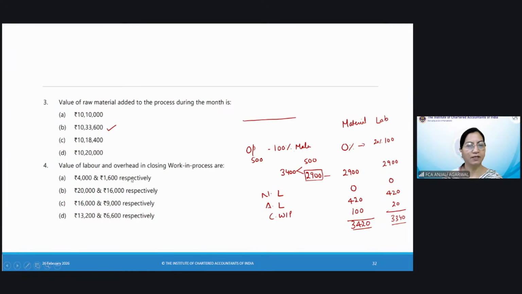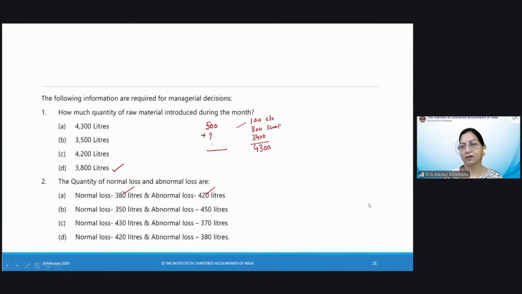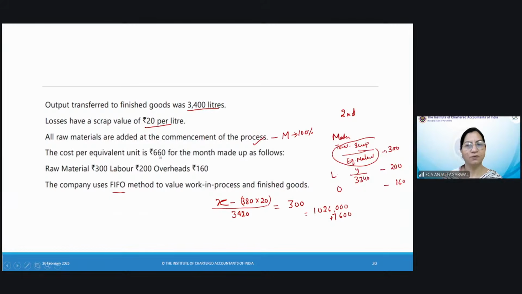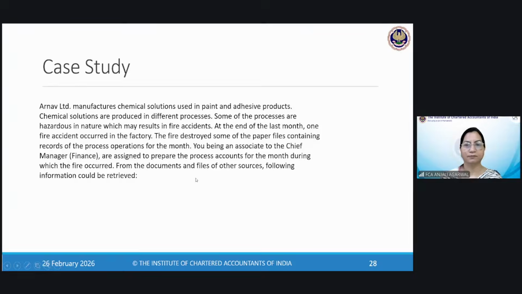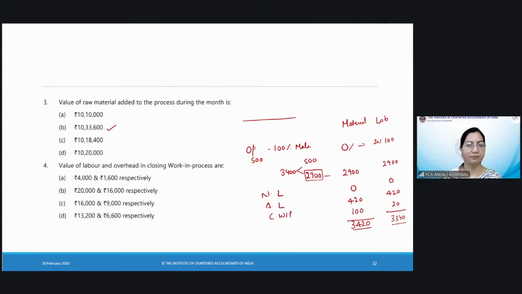And similarly, you will calculate for 160 into closing WIP, which is 10% complete as far as overheads is concerned. So 100 into 20%, 20 units, equivalent units of labor at the rate of 200, and 100 into 10%, 10, multiplied by 160. So 4,000 and 1,600.